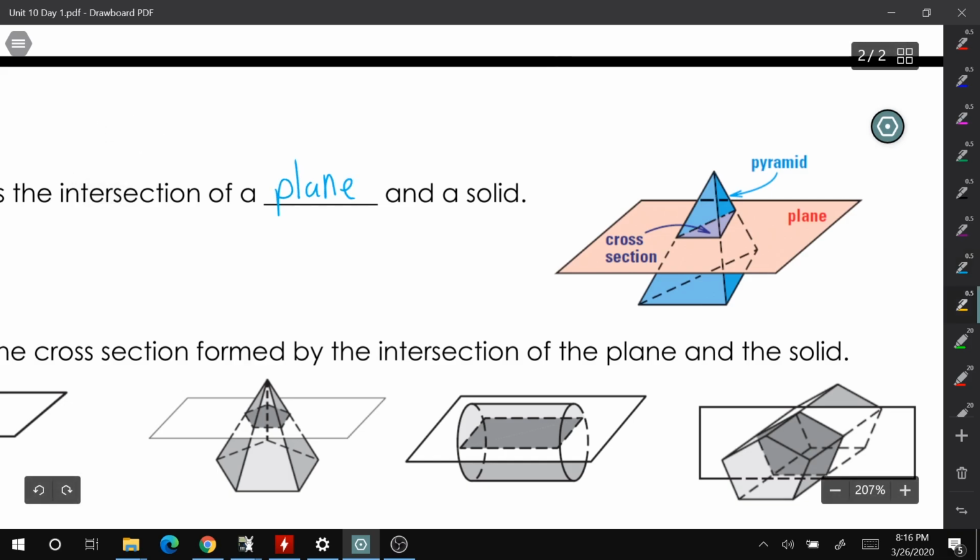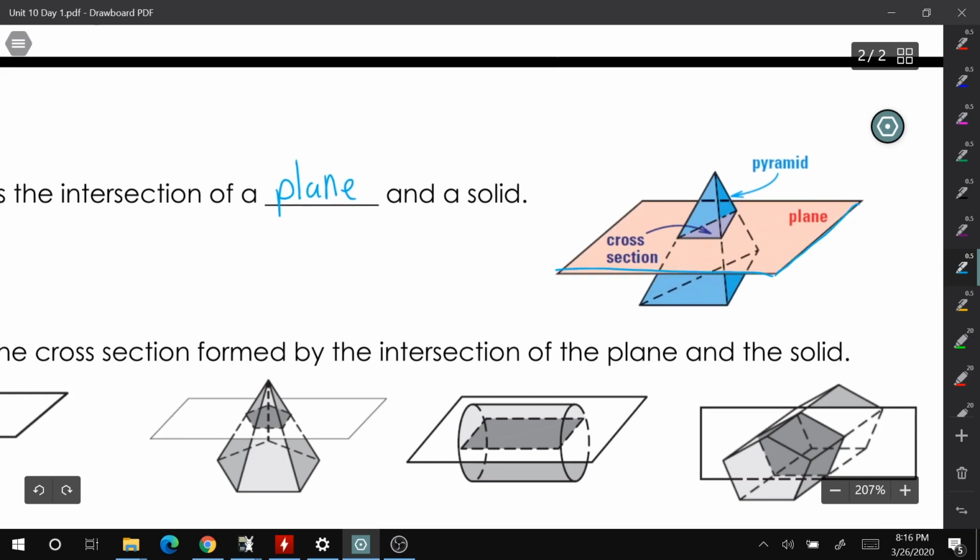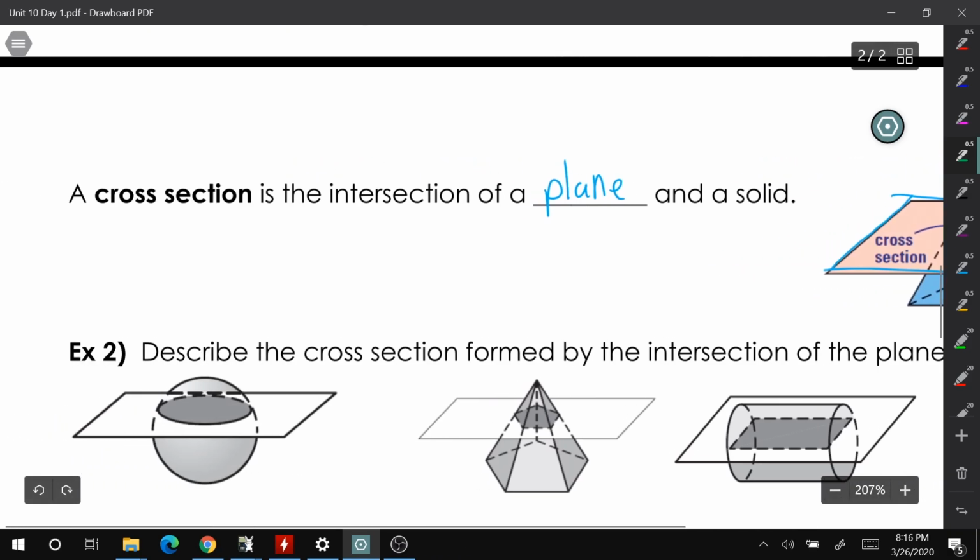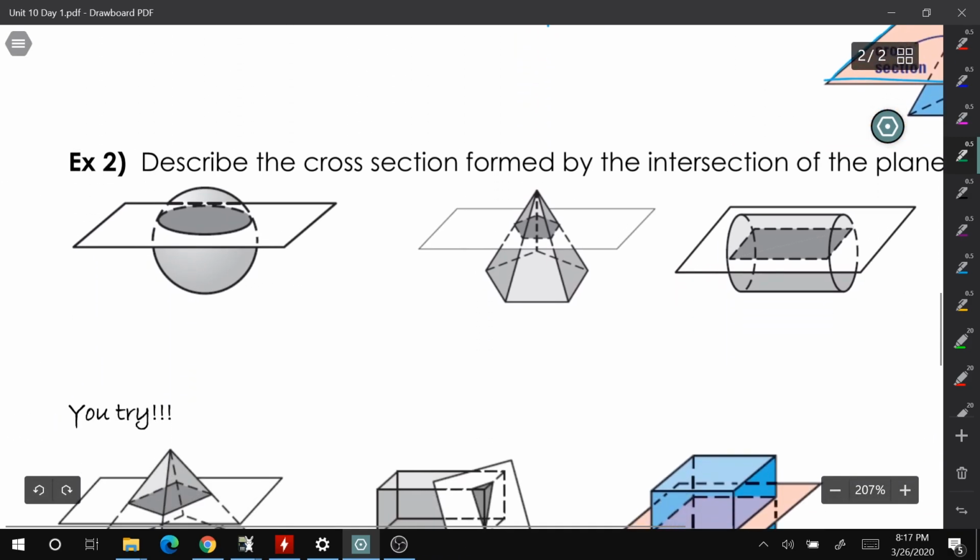Okay, so here we have a pyramid, and we have this plane here that is intersecting that pyramid, and that intersection is right here. This is called your cross section, this smaller triangle right here.